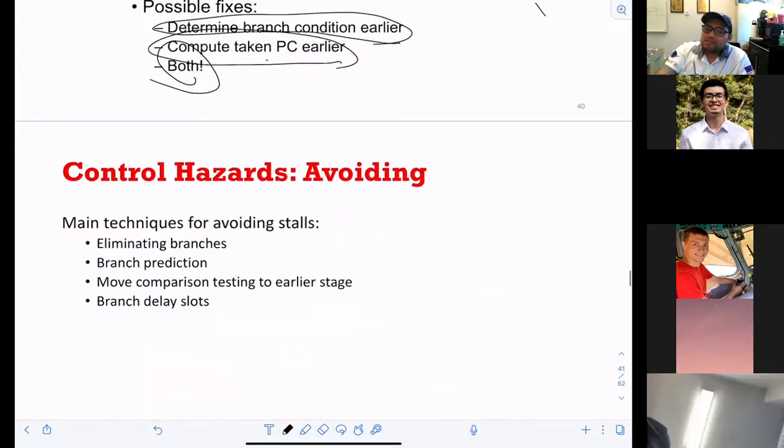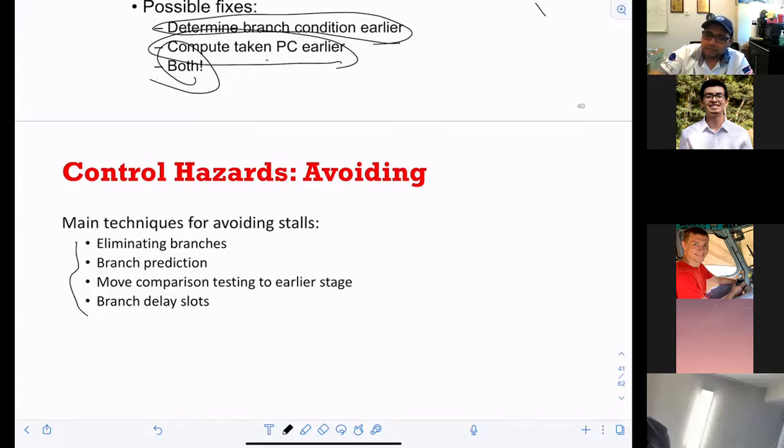So to eliminate the stalls as a solution to avoid the control hazards, you have to follow these techniques. And those are very nice candidate questions for the final. First of all, I eliminate branching, as I said. Second, I do prediction of my branches and take a snapshot of the branch so I can reverse back and see what the problem is.